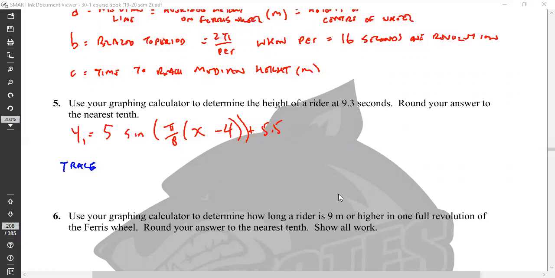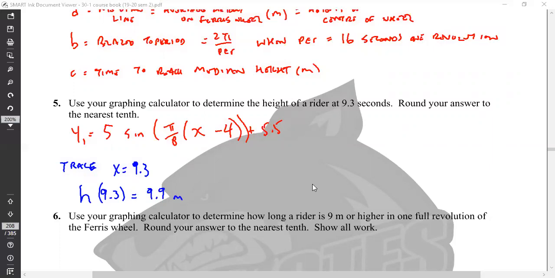But if you hit the trace button and then type in x equals, then just type in 9.3 and it'll jump to that spot. That one's a little more straightforward to get if you have an x value, find a y value. What we would write this as, h at 9.3 is equal to 9.9 meters.